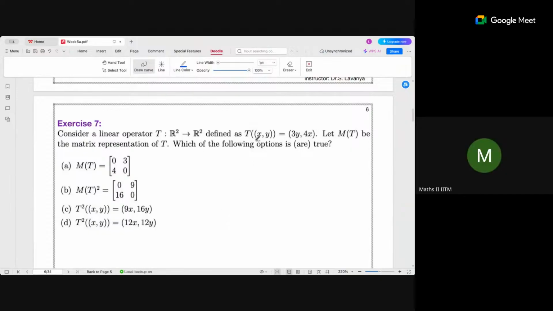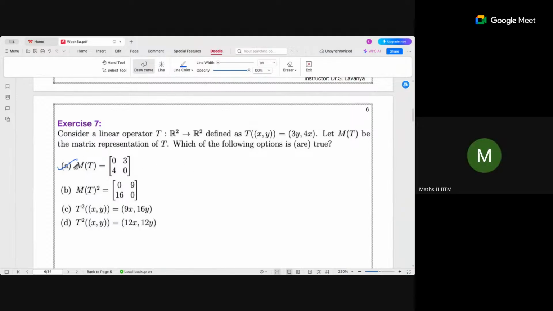So 1 0, you will get 0 4, and then you have 3 0. Yes, A is correct. And then, sorry, what is this M of T squared really?